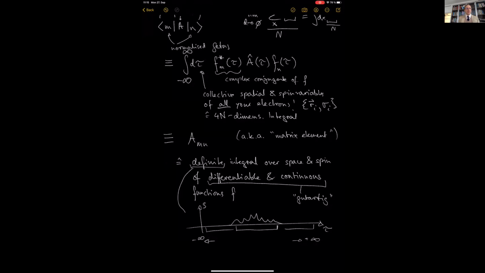Okay, let's continue with the lecture. So we just introduced this notion of the expectation value of this matrix element, and I'd like to alert you of the fact that we tend to be sloppy and lazy.